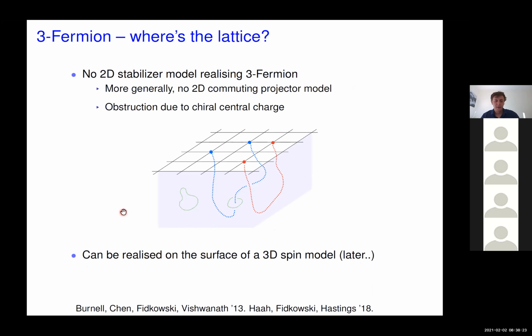In particular, the fact that all of the non-trivial particles are fermions leads the model to be what's known as chiral, meaning you can't find this anyon theory as the excitations of some 2D projector model. So instead, to get a projector model, we have to realize it on the 2D surface of some 3D spin model, but more on that later.